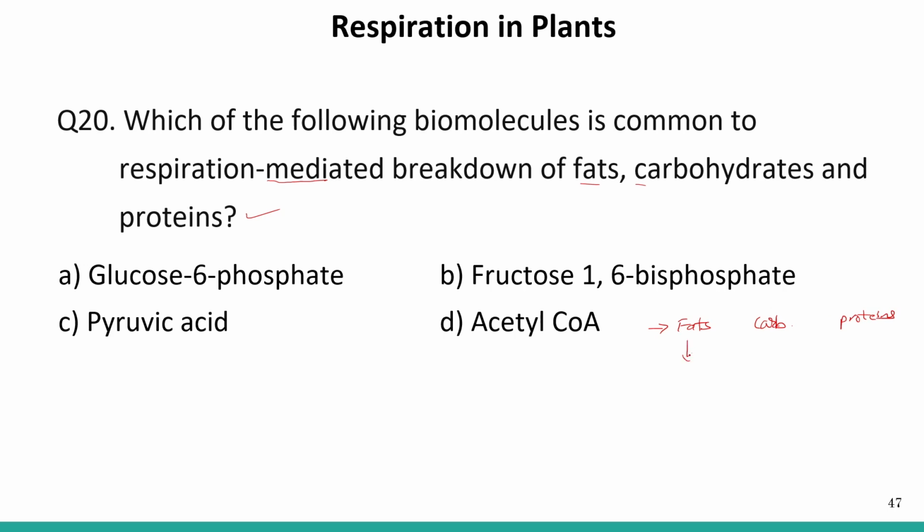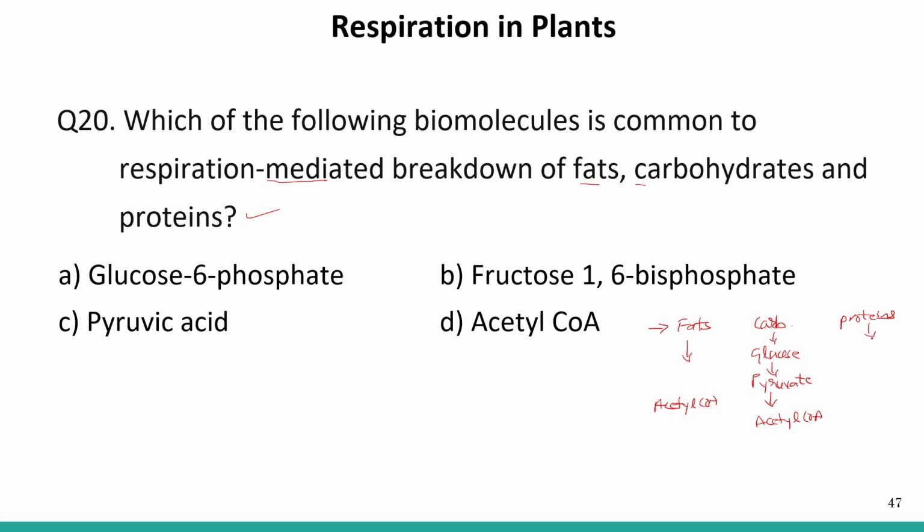Fats will break down and form acetyl coenzyme A. Carbohydrate will first produce glucose, which will convert into pyruvate, and pyruvate will undergo oxidative decarboxylation to form acetyl coenzyme A.